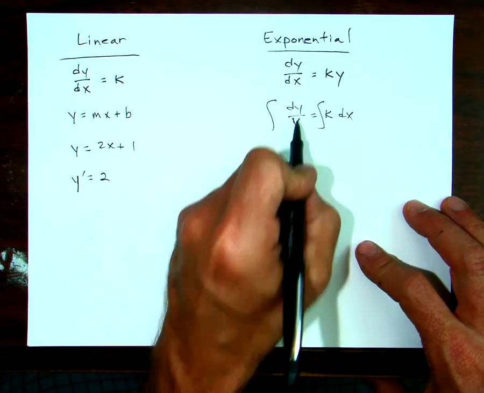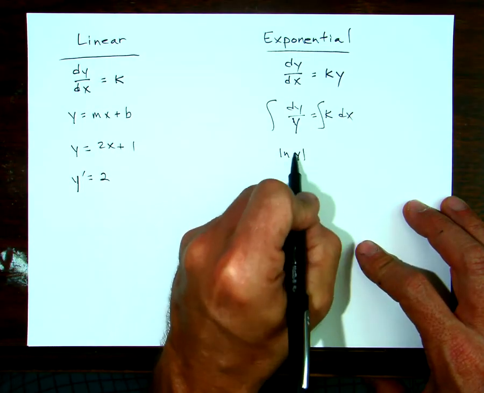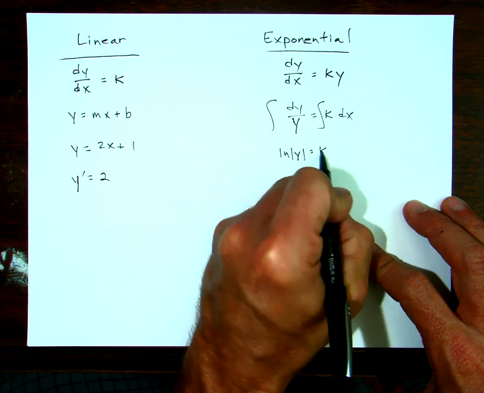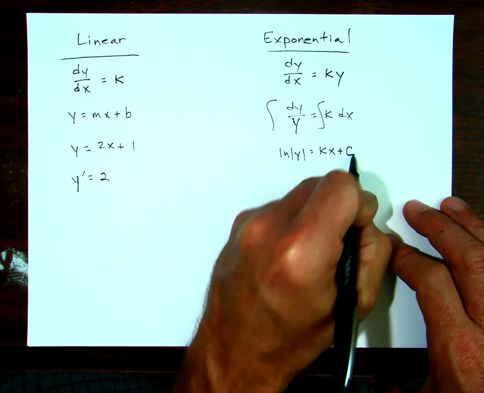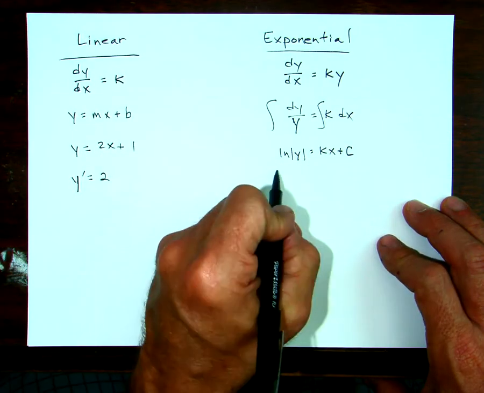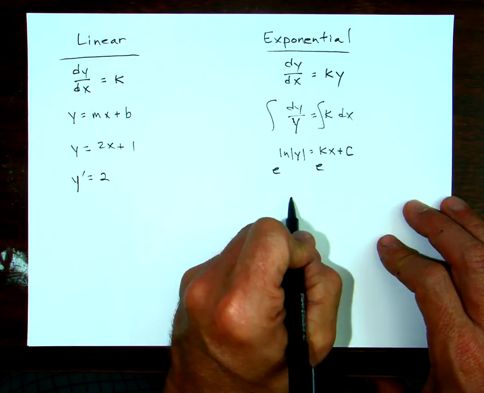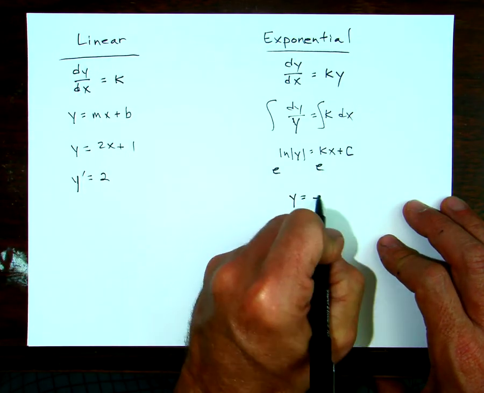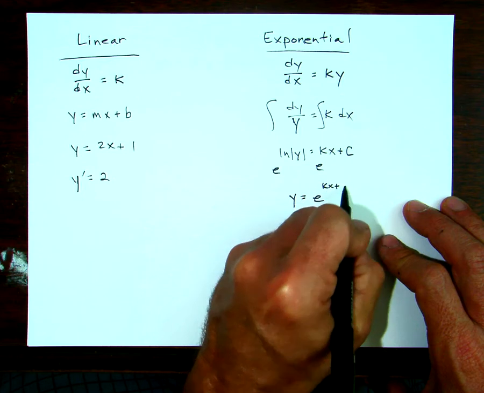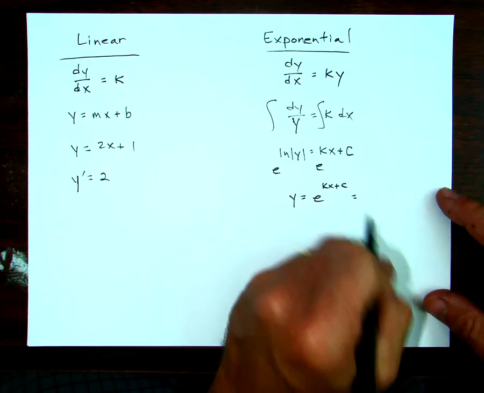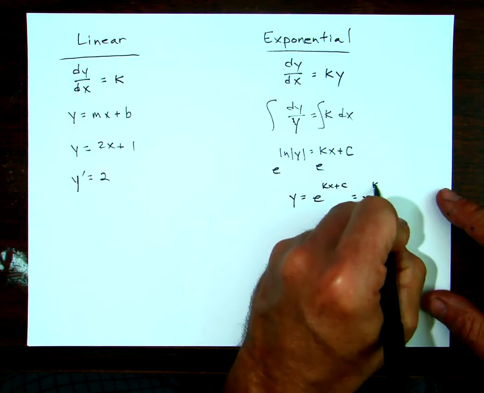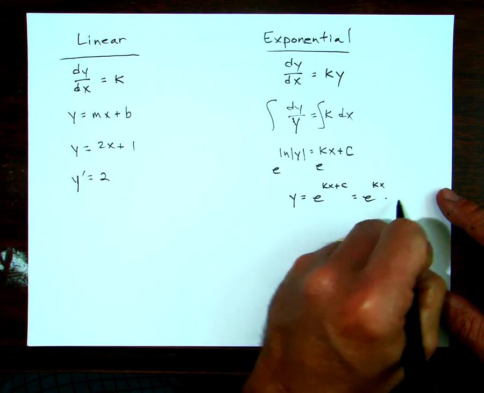So I'll integrate both sides. This is going to give me natural log of absolute value of y, and that's going to give me kx plus c. Now to solve for y, I'm going to make that the exponent of e, and I'll do the same on the other side. So that gives me y, and I get e to the kx plus c, which I could rewrite as e to the kx times e to the c.